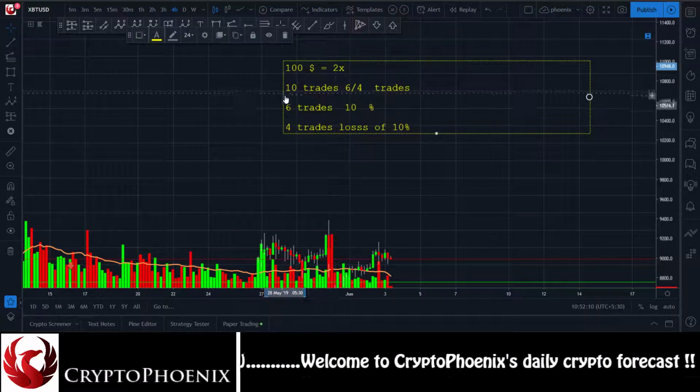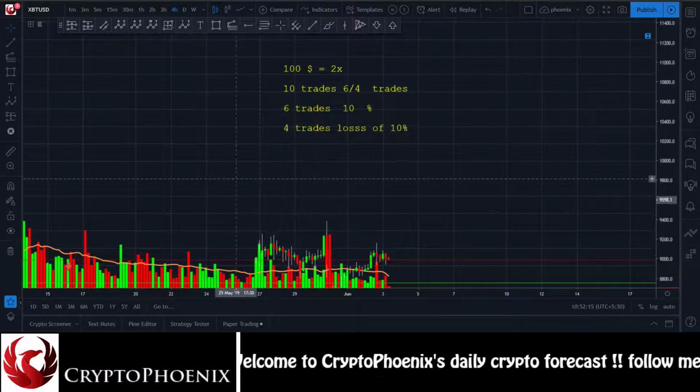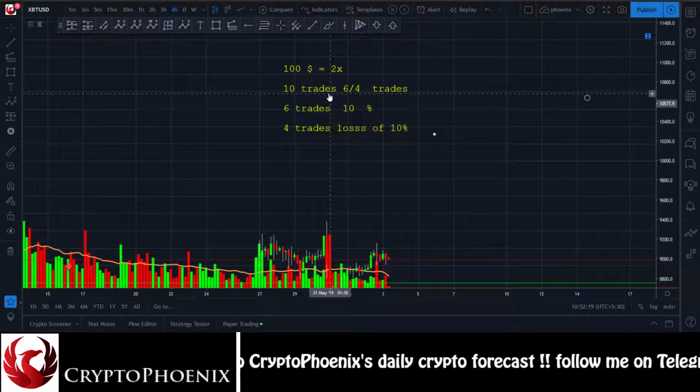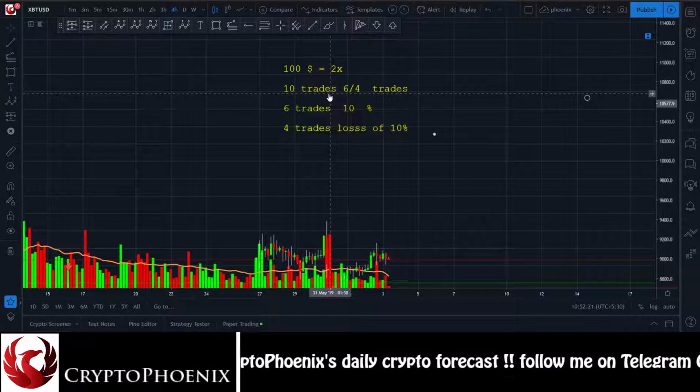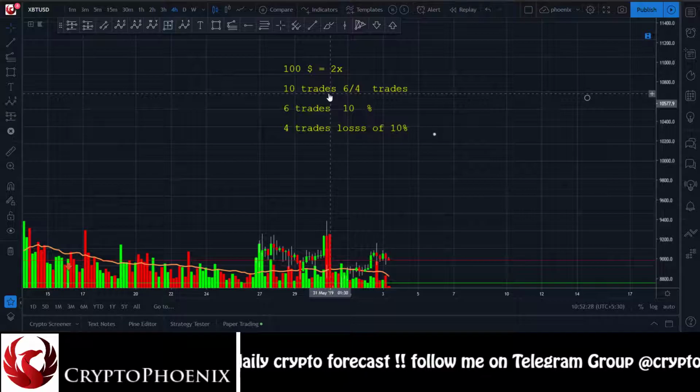So basically, if I start with $100, I will take n number of trades. I don't know when I will make $100 into $200, but I will take n number of trades. Until and unless I make it $200, I won't increase the amount of buying of altcoins or any asset.